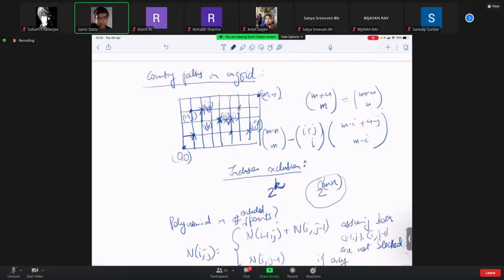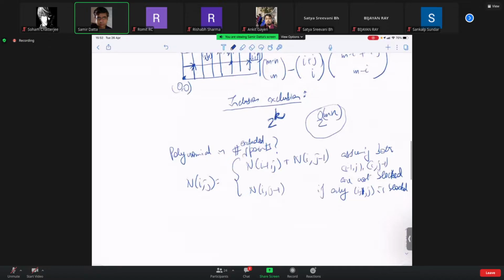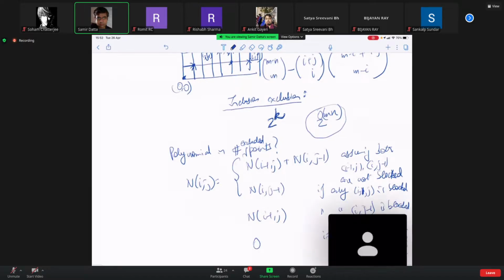if only i minus 1, j is blocked. N(i,j) is equal to 0 if both are blocked, and these are the non-base cases.